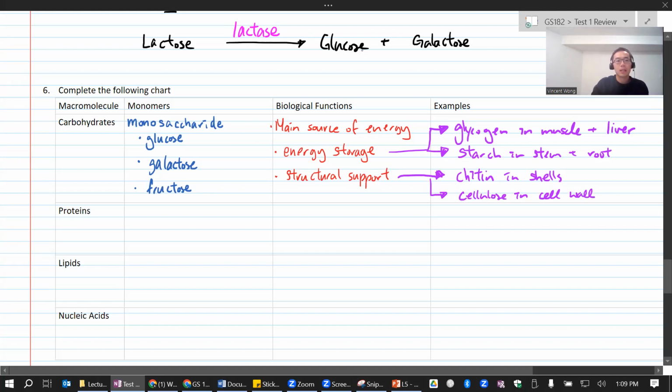Cell wall. These are, by the way, all polysaccharides, right? Polysaccharides.